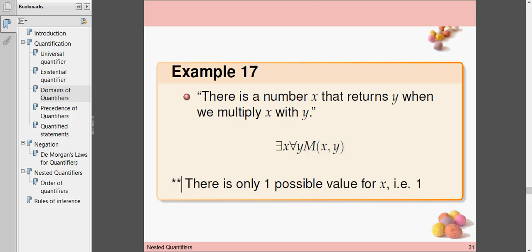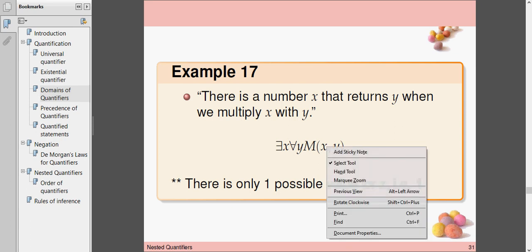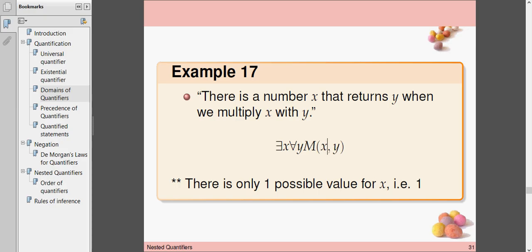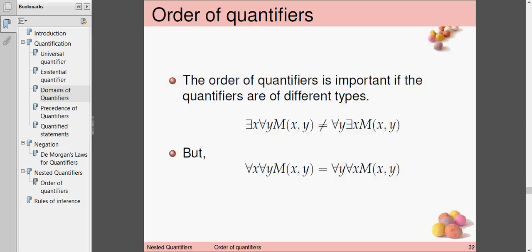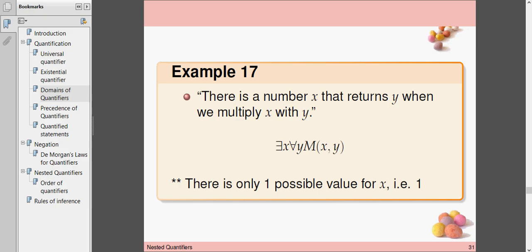Clear? There is only one possible value for X, which is 1. When I multiply X should be 1, because any number I multiply by 1 will give me the number. So 5 multiplied by 1 is 5. This is the point. Here 1 multiplied by 1 gives me 1.